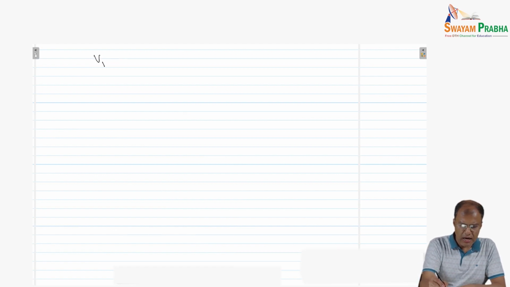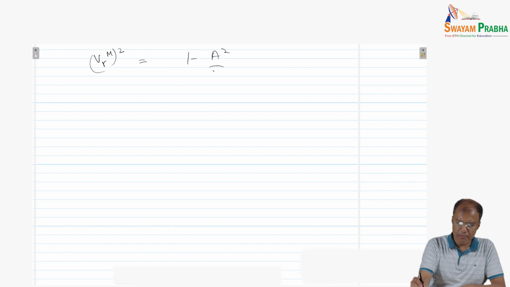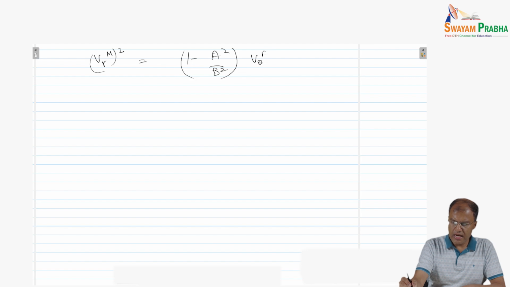VR of M whole square is equal to 1 minus a square by b square times V theta of E whole square plus VR of E whole square, minus 2 gamma times 1 by a minus 1 by b.